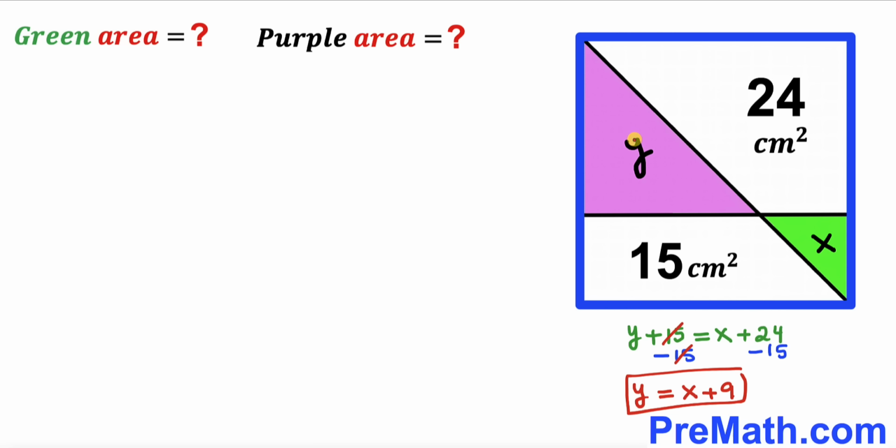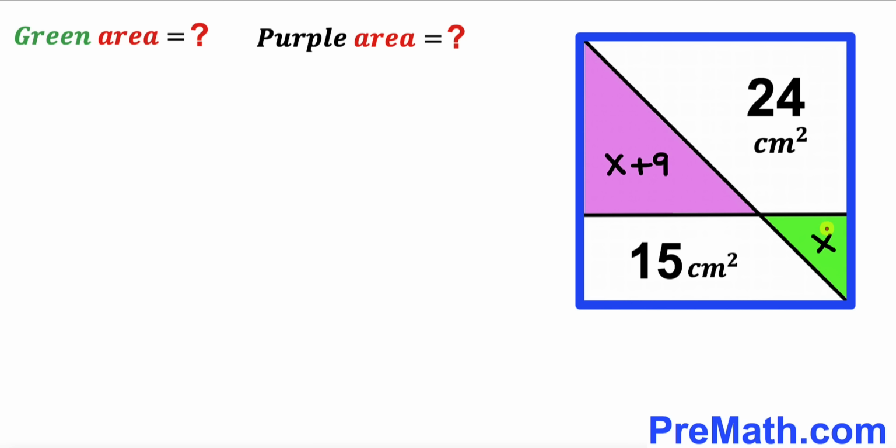So therefore we could see the value of this y, I'm going to replace that one with x plus 9. So therefore if the area of this green triangle is x, then the area of this purple shaded triangle is going to be x plus 9. And now our task is to find the value of x.